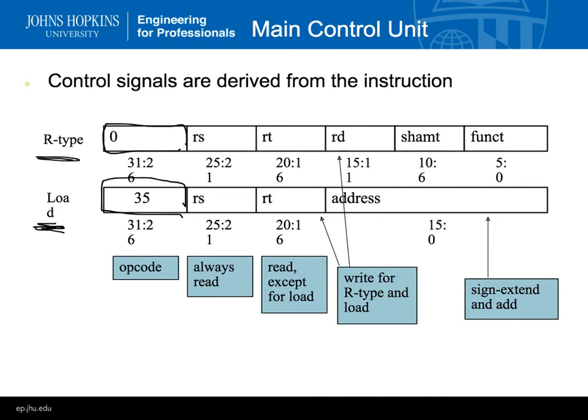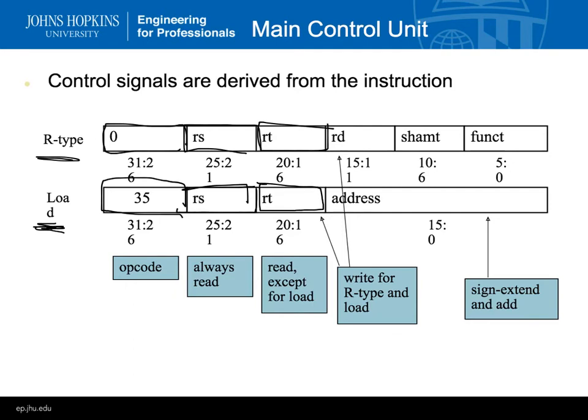For both R-type and load, this is going to be a register that's going to be read, no matter what. For an R-type, this is also going to be read. For a load, this register is going to be written.